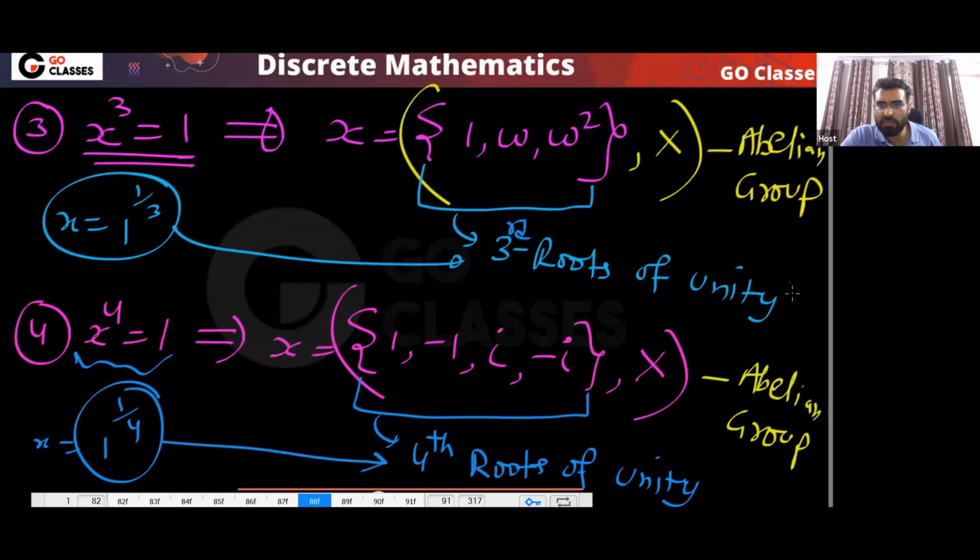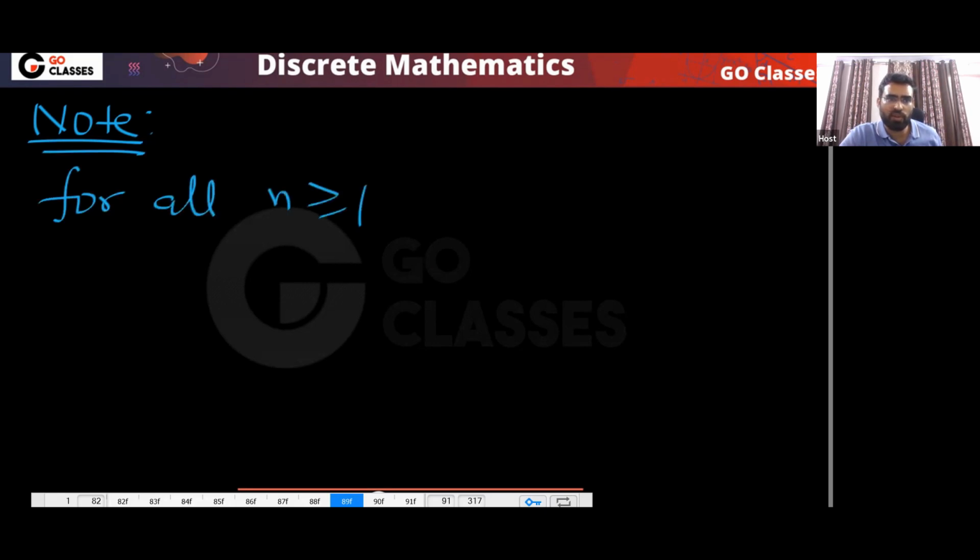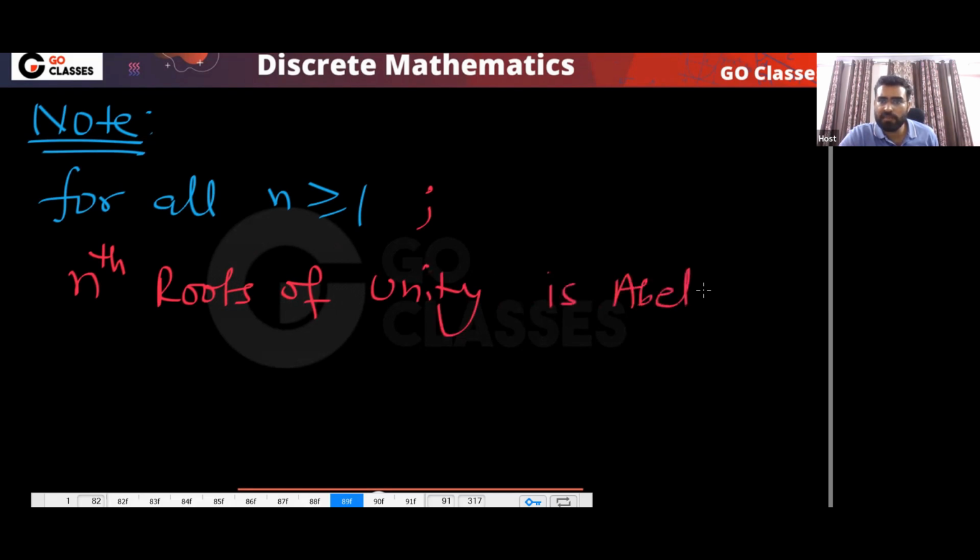So can you make one observation? For any value of n, this will happen. So this is the final general thing. For all n greater than or equal to 1, the nth roots of unity form an abelian group under multiplication.